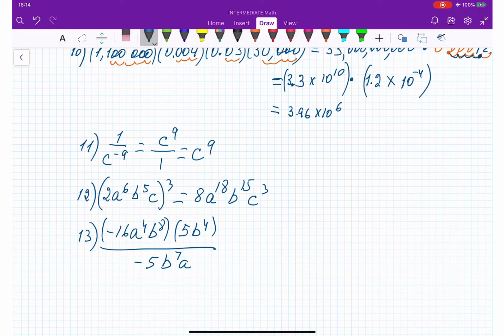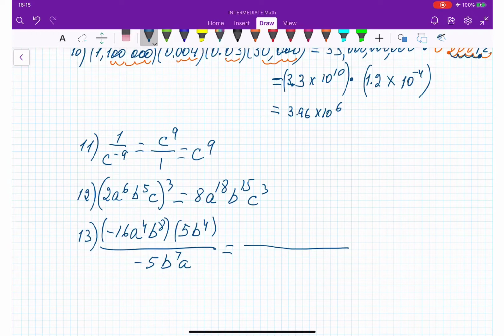Okay, let's see what we are going to do here. Actually, I have negative here, I have negative here. So negative divided by negative is positive. So I can take off the negatives. The fraction is going to be positive already.